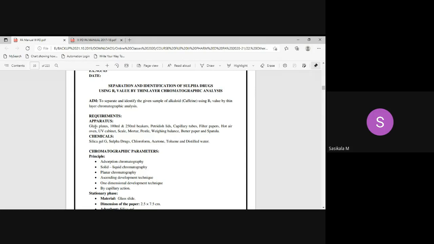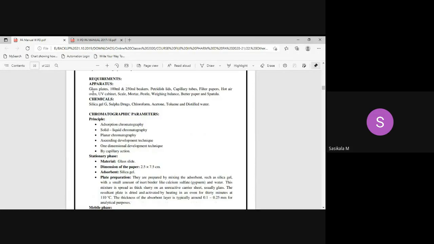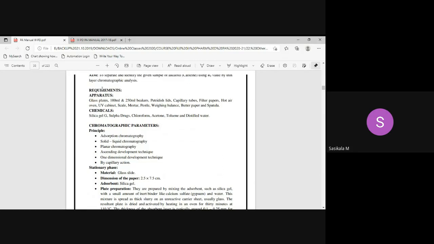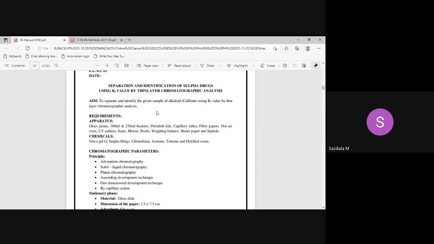Okay. So what are the requirements you need? Glass plates to prepare a thin layer of adsorbent. Thin layer chromatography follows the adsorption principle, as we have discussed in the theory, just to recollect the points. Glass plates are an inert support to prepare a thin layer of adsorbent in order to get thin layer plates.